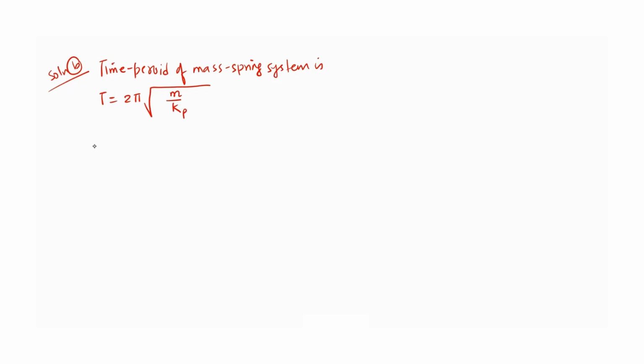And since Kp equals 2 times spring constant of each spring, therefore, T equals twice pi under root m by twice k.